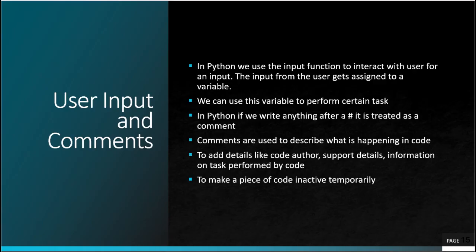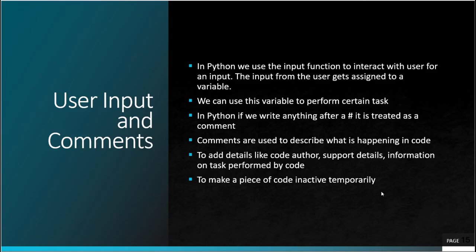You can give all those details too. Comments are also used if you want to inactivate a piece of code, whether a single line or multiple lines. You can use the hash symbol to make it inactive so that next time Python runs, it doesn't execute that commented-out code.